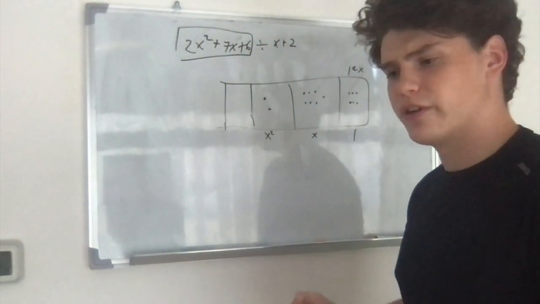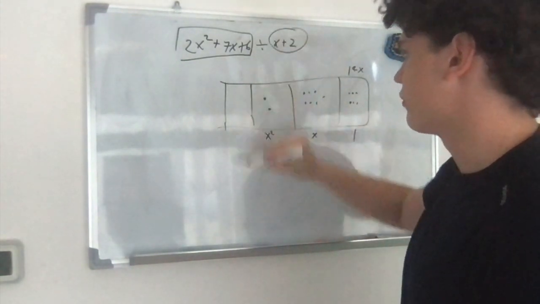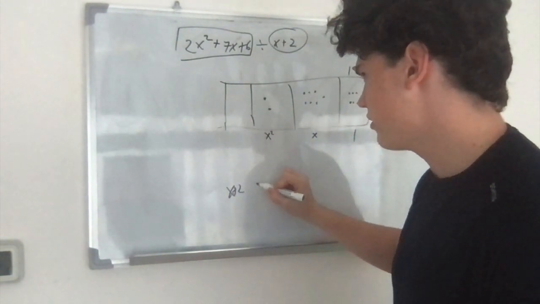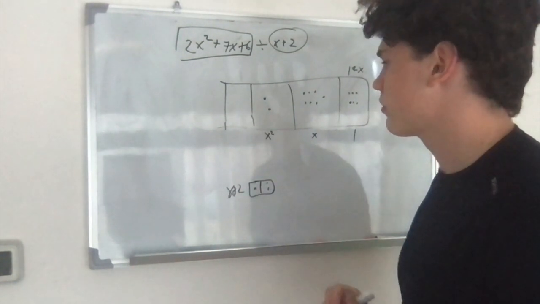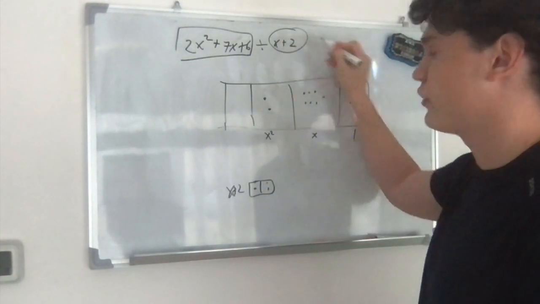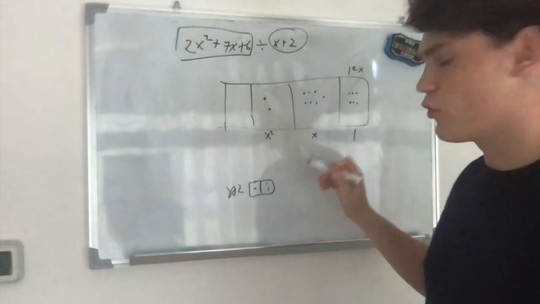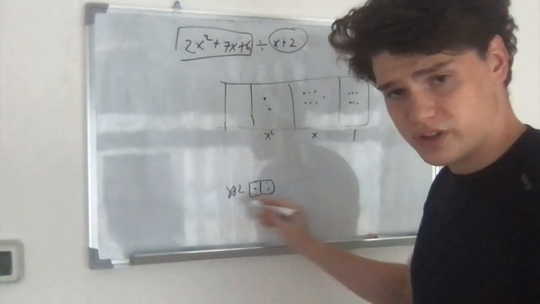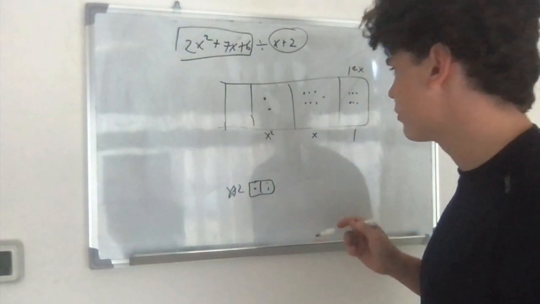Now remember in the last video how we were dealing with division. We took the signature of the divisor. So the x plus 2 signature would be 1 dot next to 2 dots. It's like if we had in base 10, 10 plus 2, which is 12. That's the symbol for 12. Now for polynomial division, we're just looking for these groups of x plus 2, because division is looking for groups of some number.